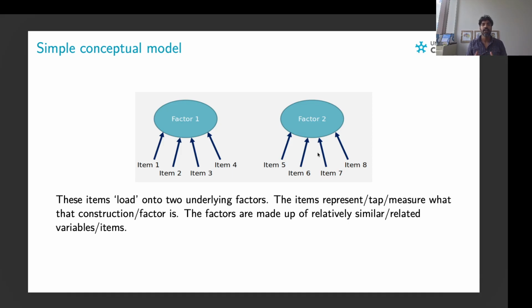At the end of the day, we have these items on a survey and we're trying to see, well, do they cluster? Do they share this relationship with one another, the correlations between them, which allow you to say that they represent something meaningful, a meaningful construct there. And so that's the key.